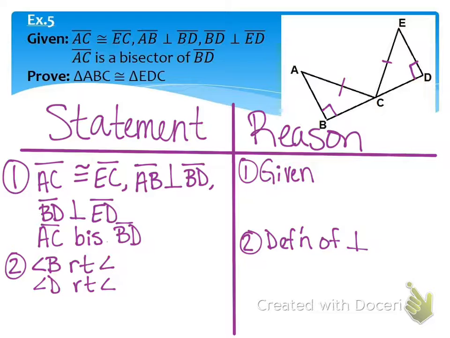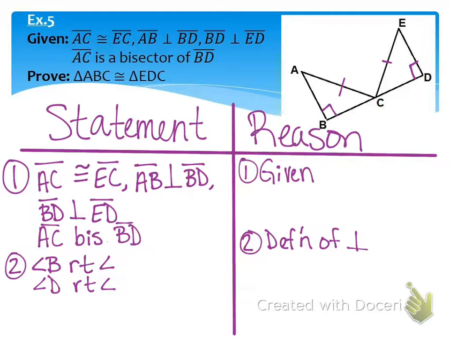Now that you know those are right angles, you don't have to tell me that these are right triangles. You can, it's just an extra step. If you told me you have right angles and marked it in your diagram, then we know we have right triangles.